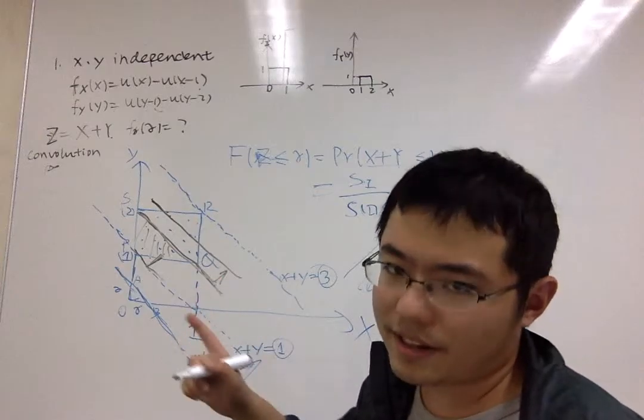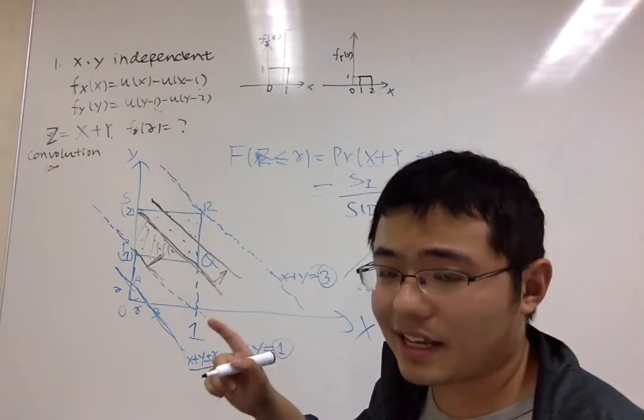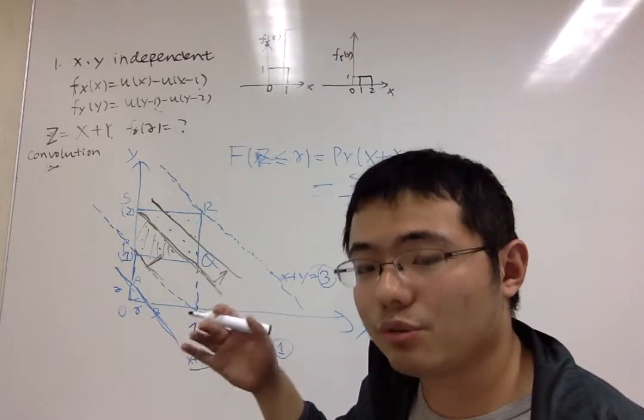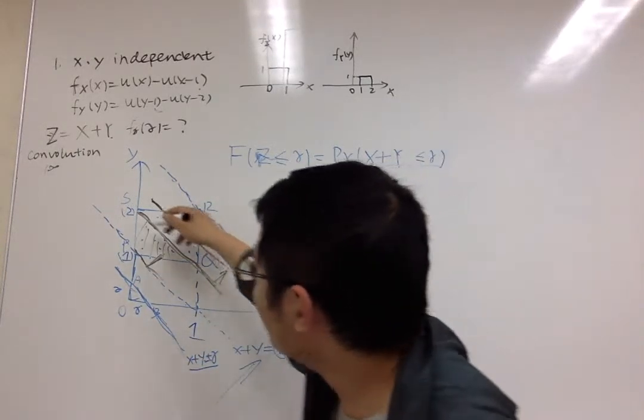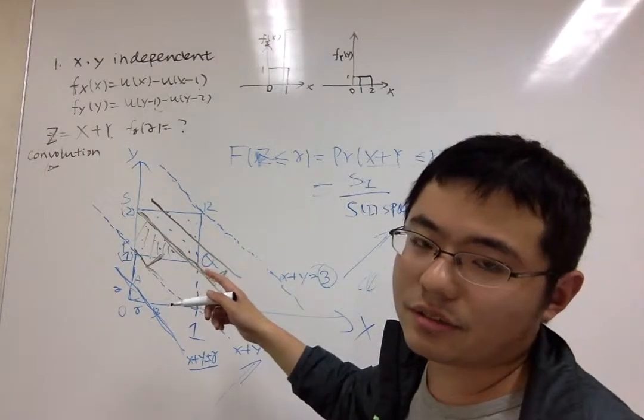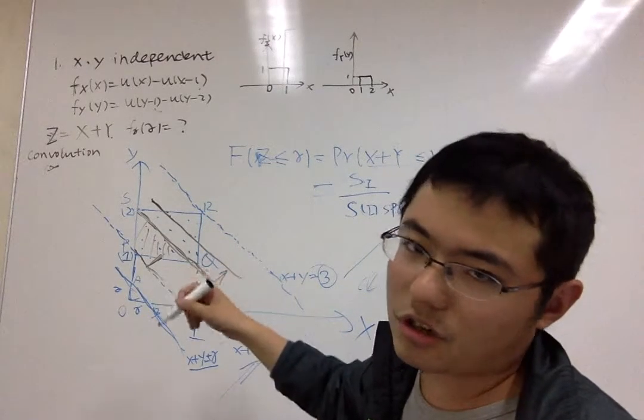First, we need to know what z reaches when the area we're regarding is still a triangle.